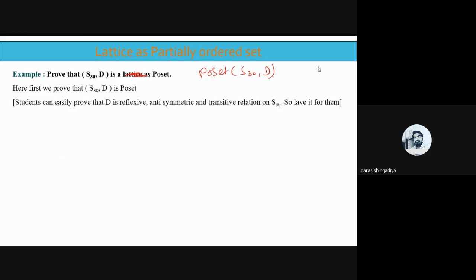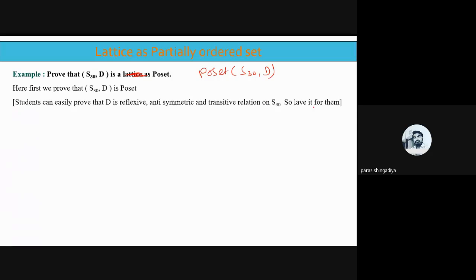Okay, reflexive, antisymmetric and transitive relation on S30. So try to solve it. That type of questions we already discussed in this partially ordered set condition. Student can easily prove that D is a reflexive, antisymmetric, transitive relation on S30.